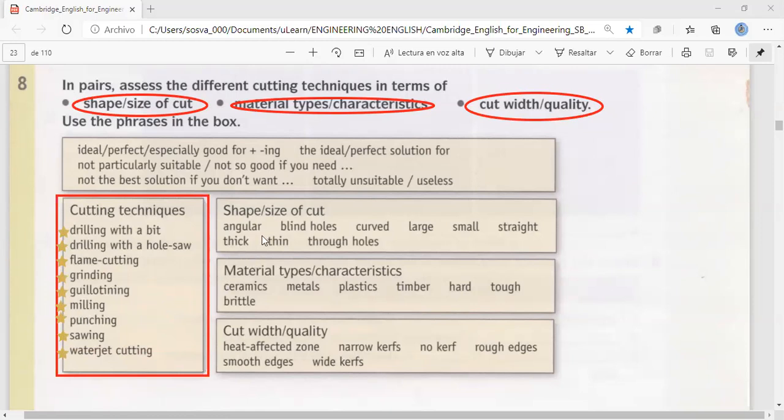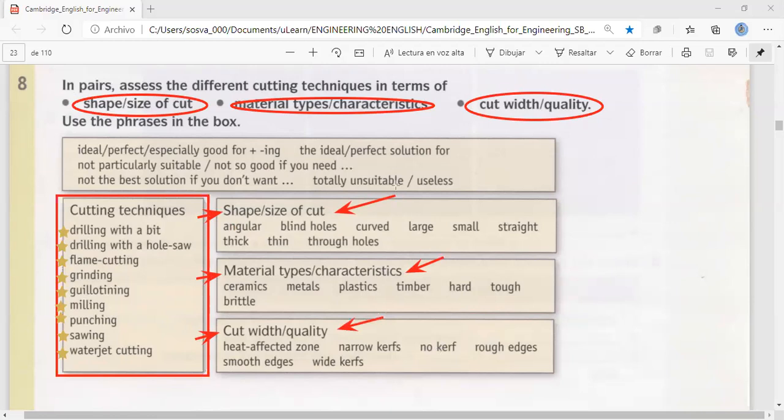And the idea is that you can use the vocabulary that you have in here. If you are going to talk about shapes and size, you have this vocabulary. If you're going to talk about material types, characteristics, use those vocabulary. And if you're going to talk about the cut width quality, you're going to use that material.